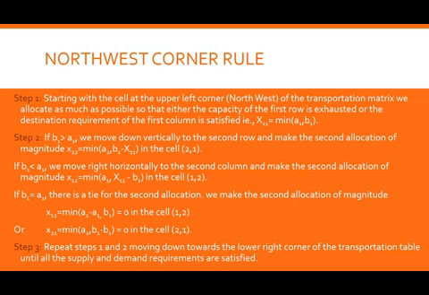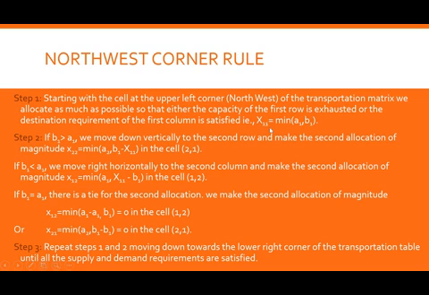So we start from the top left corner of the transportation matrix. We allocate as much as possible so that either the capacity of the first row is exhausted or the destination requirement of the first column is satisfied.